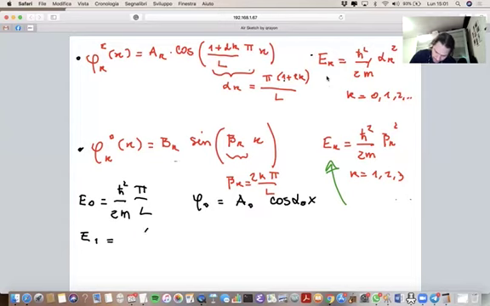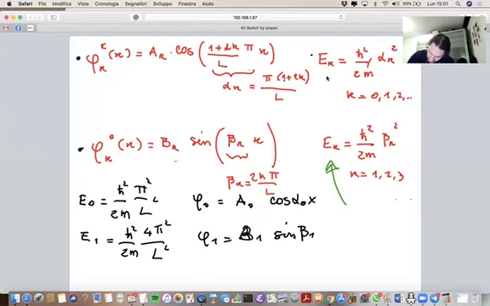So this will be 4 pi squared over L squared, times h bar squared over 2m. And the solution will be of sine type, with the corresponding alpha naught equal to pi over L, and beta 1 equal to 2 pi over L.